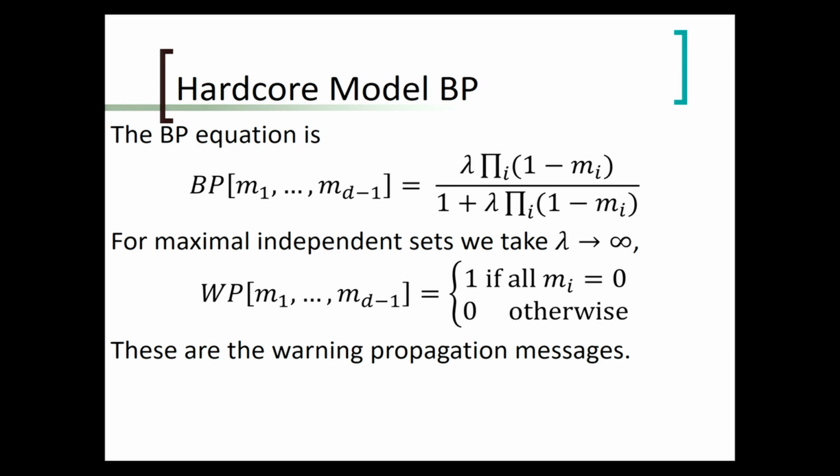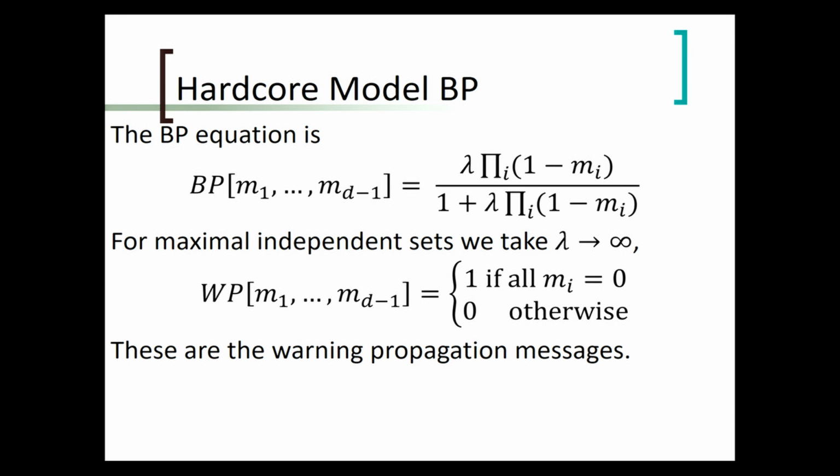So every directed edge of the graph will have a label that's either 0 or 1. And the rule is that at each vertex, an outgoing message or edge has a 1 if and only if all of the other incoming messages to that one are 0.